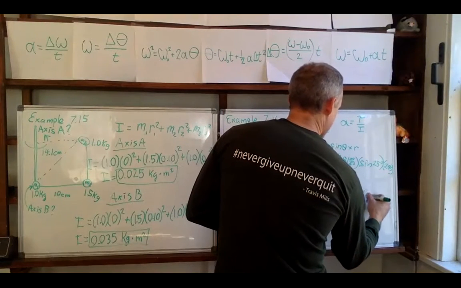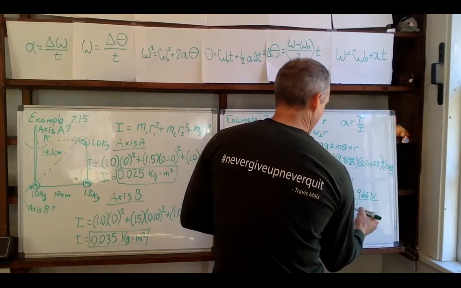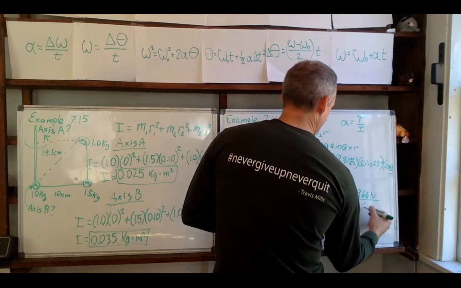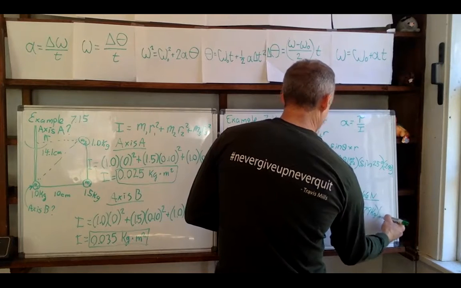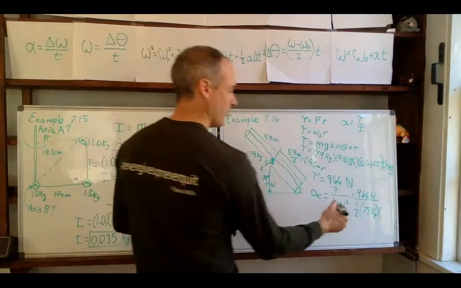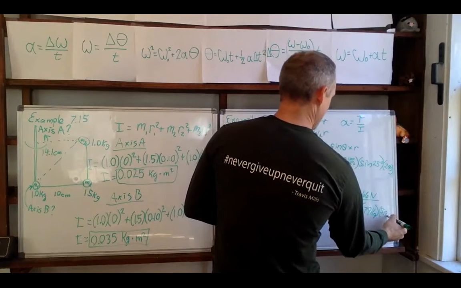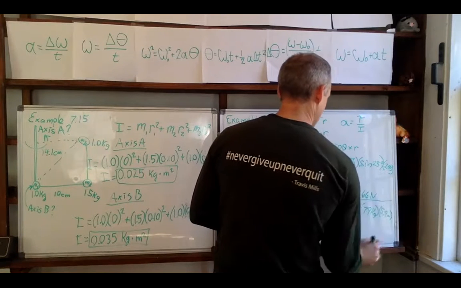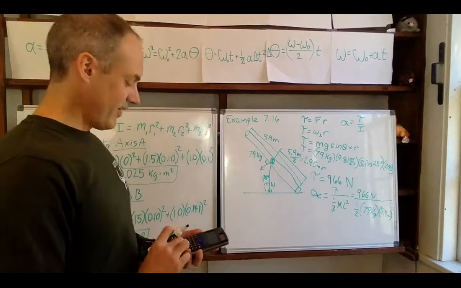So we have 966 newtons, and we have 1/3 79 kilograms, and the full length was 5.9 meters, and that's squared.